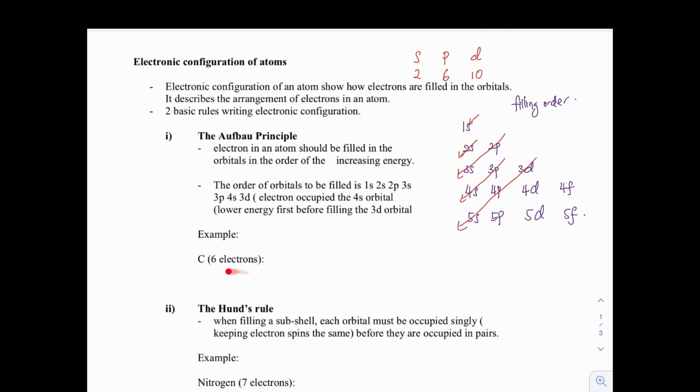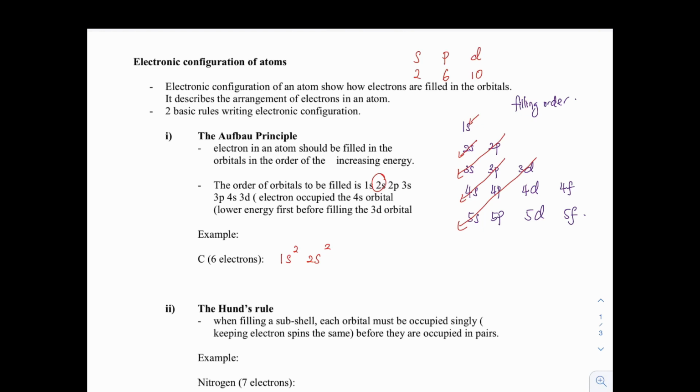Alright, now let's look at this example. For carbon, having 6 electrons, I'm going to write it out according to the Aufbau principle. 1s, and s can have a maximum of 2 electrons, so it will be 1s2, followed by 2s. 2s can also hold a maximum of 2 electrons, and then we continue with 2p.